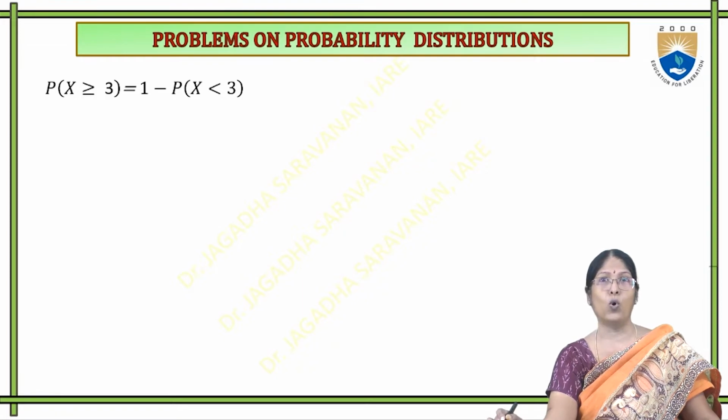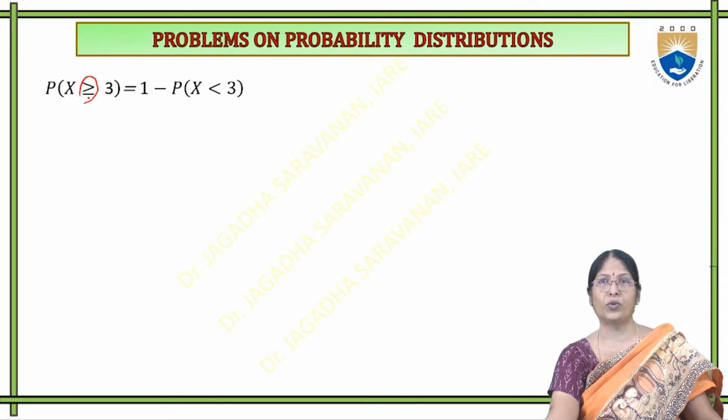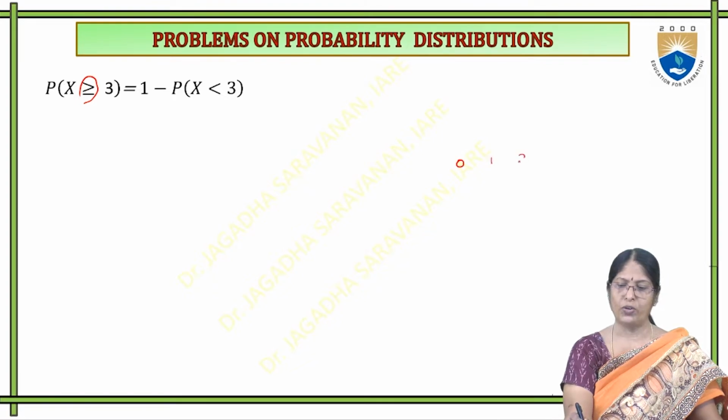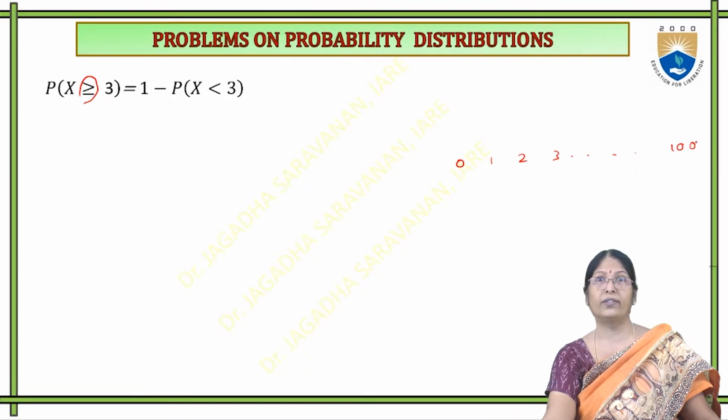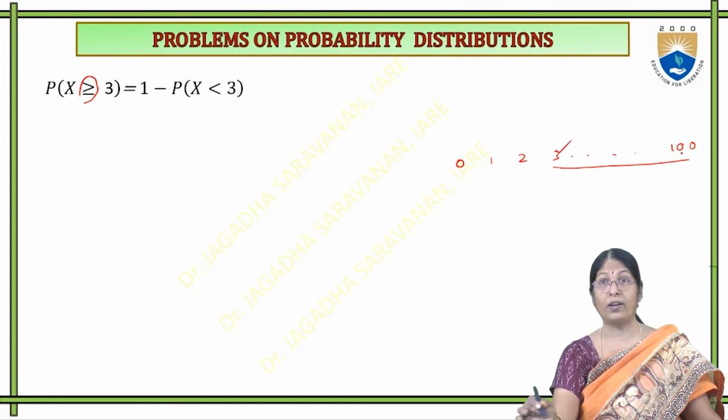Mathematically, that is greater than or equal to 3. So 0, 1, 2, 3, and so on up to 100, since there are 100 condensers in the box. Here 3 is included, so it is 3 to 100.